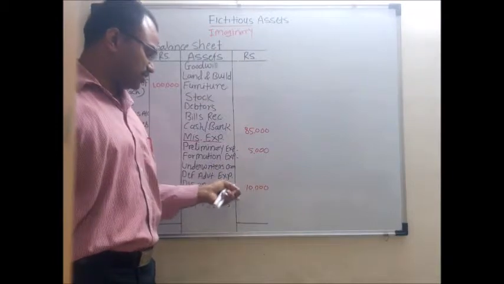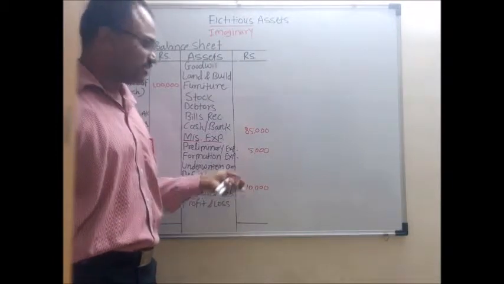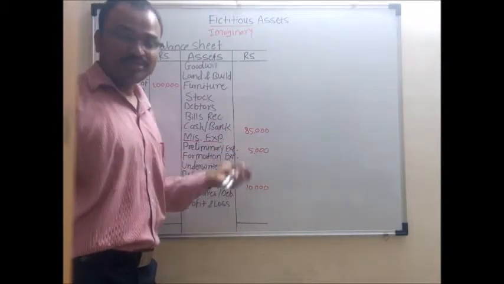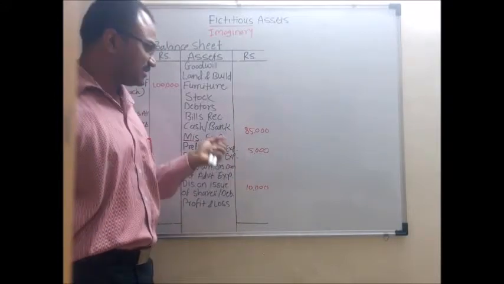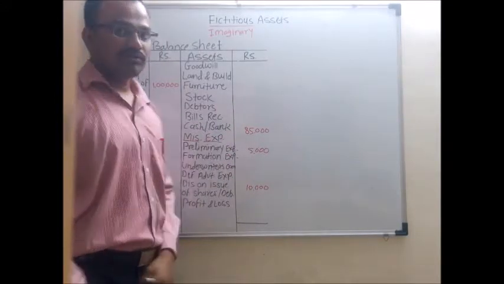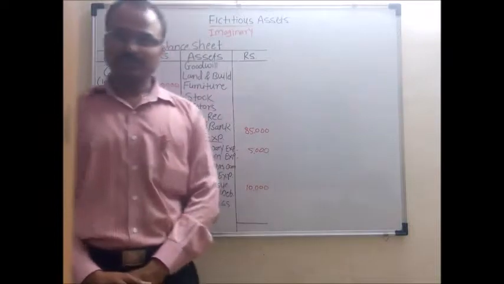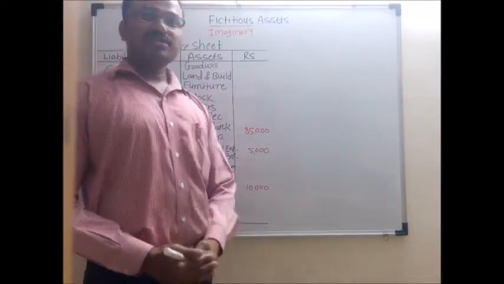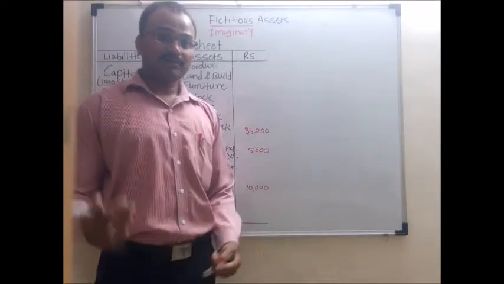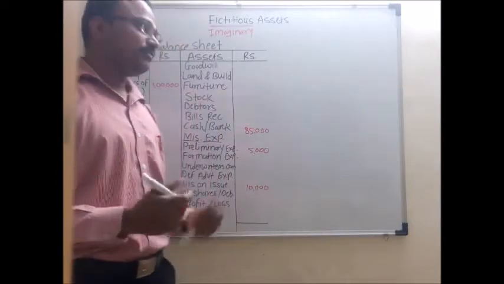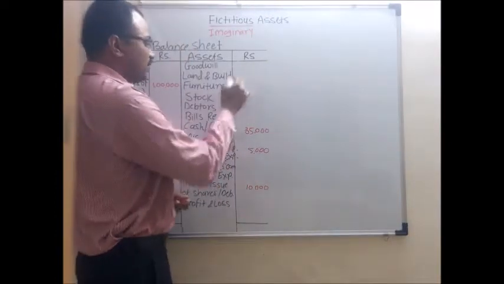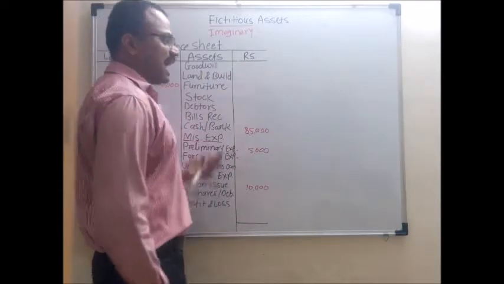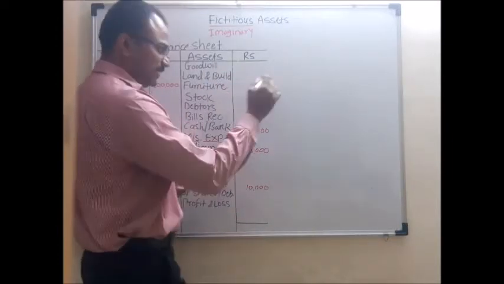Therefore, I have discount on issue of shares as a fictitious asset. I have incurred rupees 5,000 as preliminary expenses, and now I have 85,000 rupees as cash balance. Out of 85,000 rupees, now I want to buy land and building for business, of rupees 15,000.